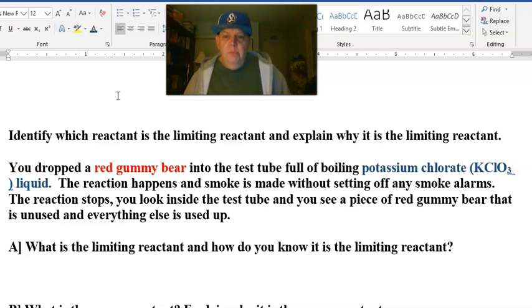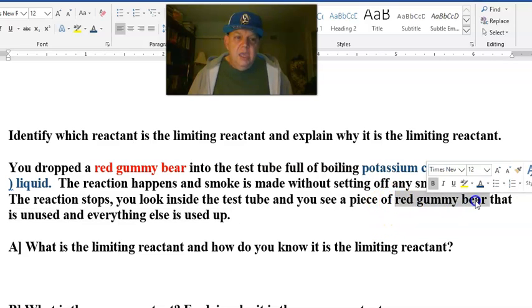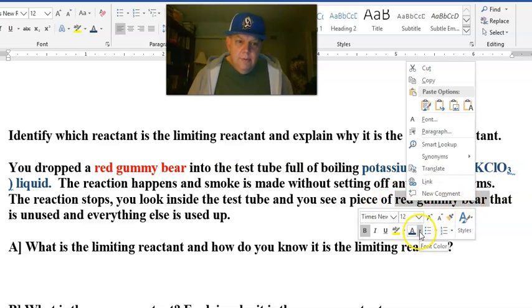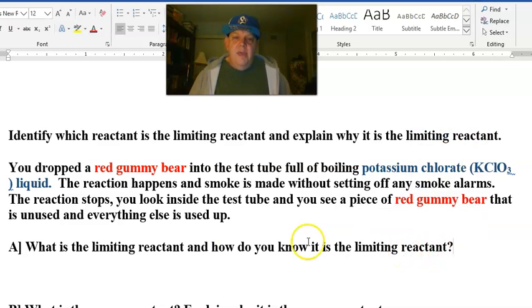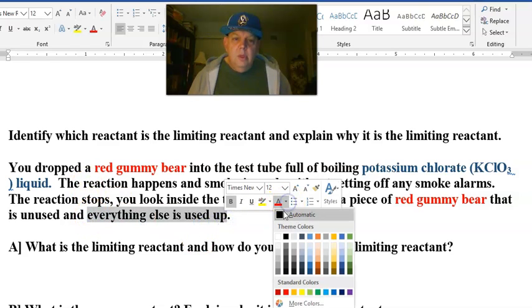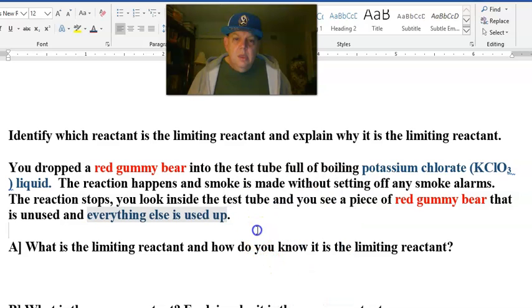Now you go further down. The reaction happens and smoke is made without setting off any smoke alarms. The reaction stops. Aha. You look inside the test tube and you see a piece of red gummy bear that is left, unused, and everything else is used up. Wow, check this out.